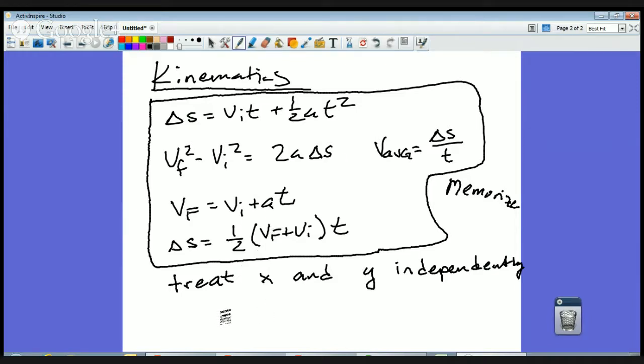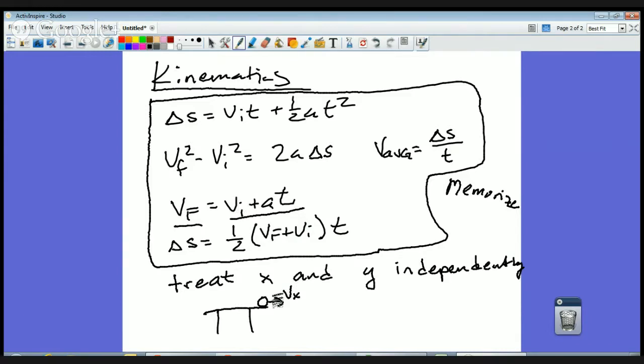Right, so when you have a ball rolling off of a table, its initial velocity v_x is not going to change because there's no acceleration in the x direction. So in this equation, a is 0, so v_f is v_i. You won't ever change the velocity in the x direction.